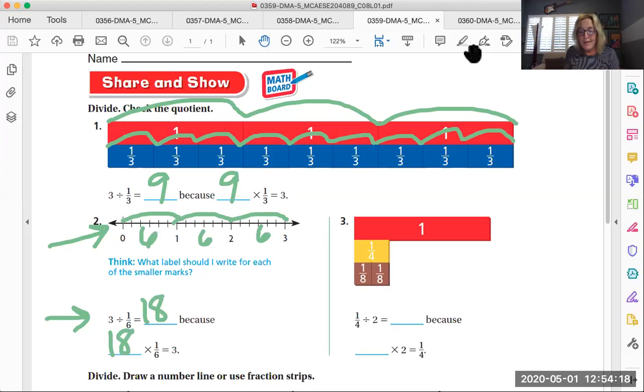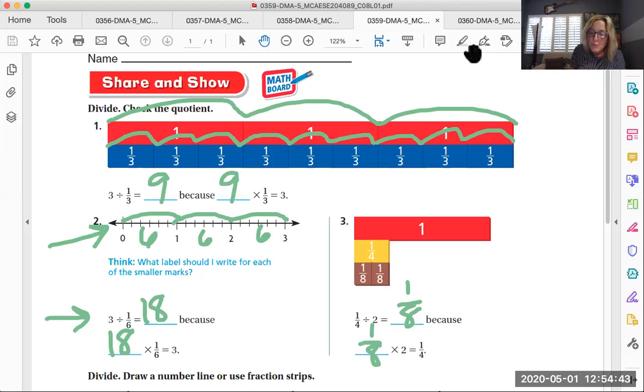Number 3 here says 1/4 divided by 2. Now, instead of starting with a whole, we're starting with a part, and we're going to break it into pieces. So if you think about a 1/4, dividing it by 2 is like finding half of it, right? You know that a half of a 1/4 is equal to 1/8, and that's because 1/8 2 times is 1/4.